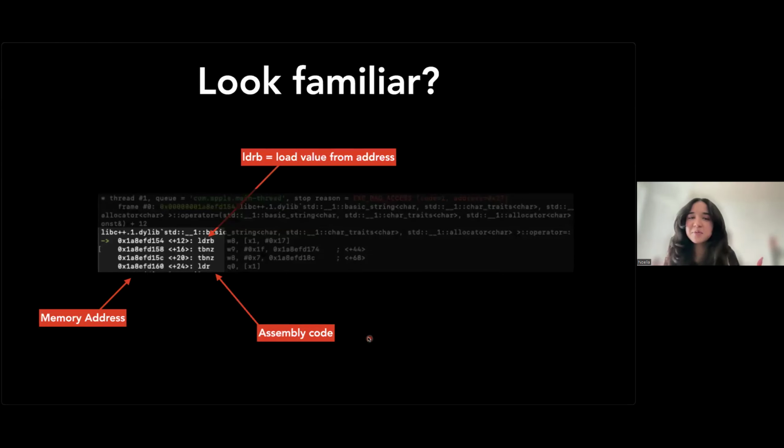So now that we know a bit about computers, let's actually see what this means. As you can see over here, you have a list of a bunch of different memory addresses. And then over here is actually the assembly code, or the CPU language, as we saw earlier. So right here is where the code failed. And it failed at this memory address with this instruction, which is essentially telling the CPU to load a value from address.